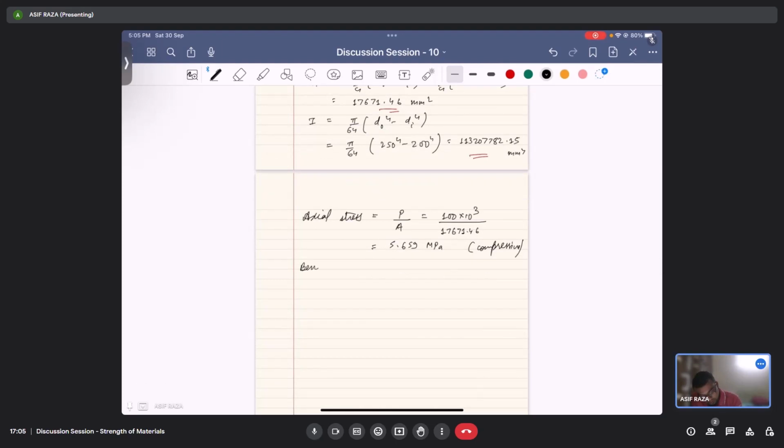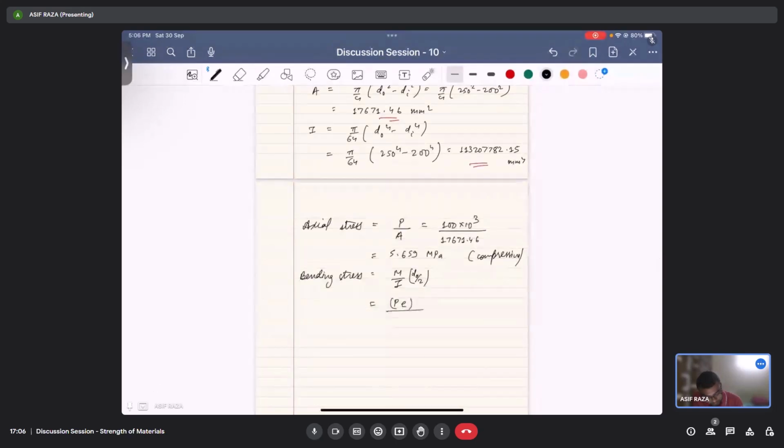Bending stress would be equal to M by I into y. In this case y would be D naught by 2. I'll just substitute. So M is equal to P into e.